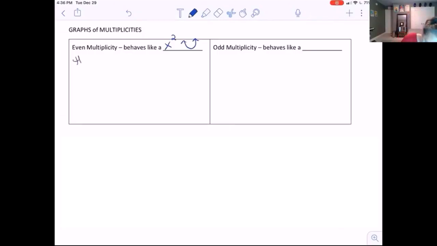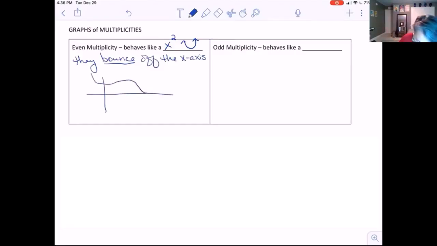So they bounce off the x-axis. So an example would be if you had this graph, that zero has even multiplicity.